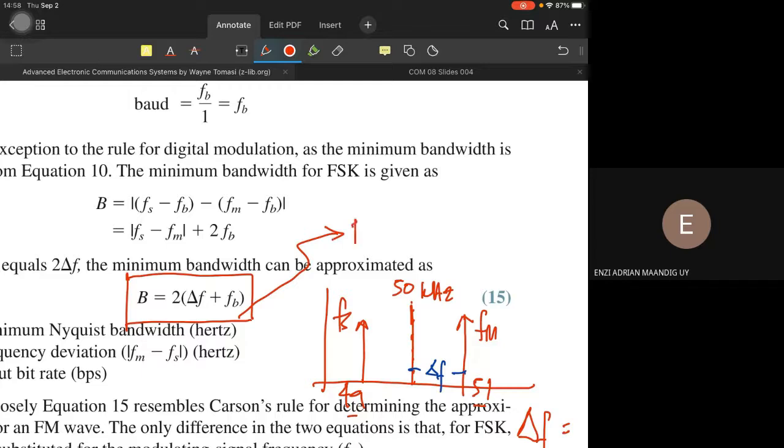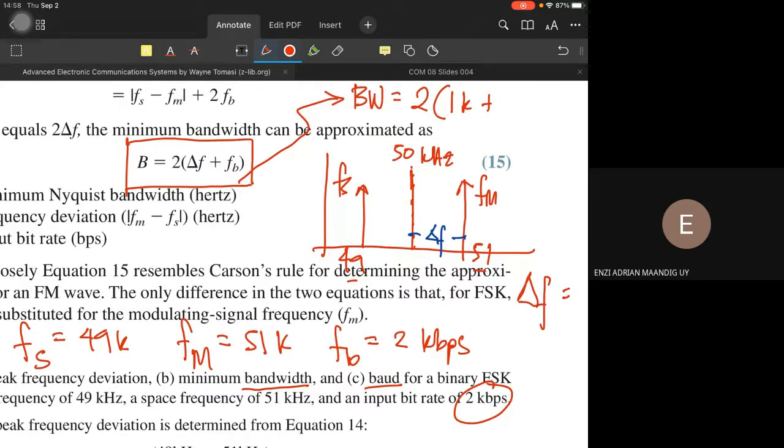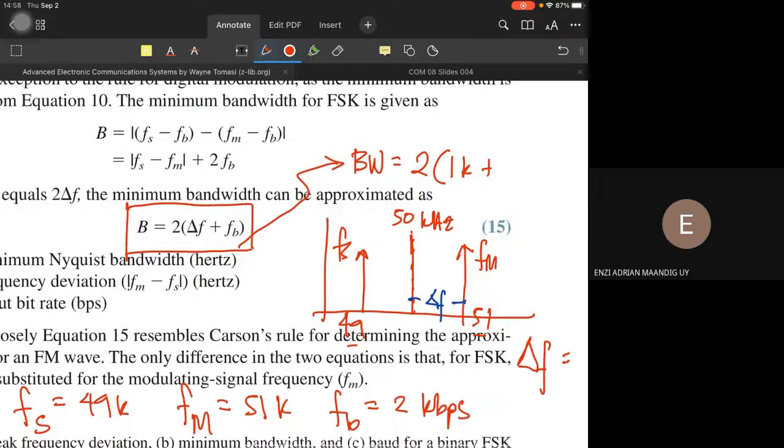Bandwidth is equal to 2 times 1K plus the data rate of 2 kbps. 2K. So 3K times 2 is 6K. Bandwidth, 6 kilohertz. Is this answer correct?